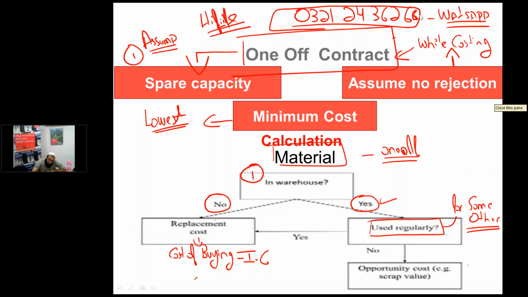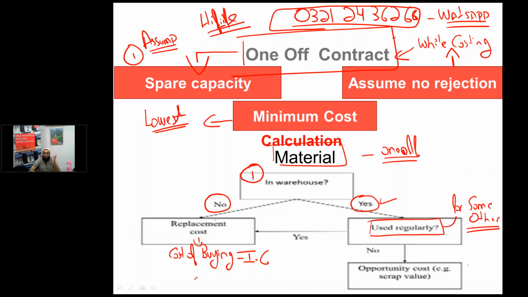This is what you have to check here. So if you do use that material for some other work, and you give that material to the one-off contract, try to listen.